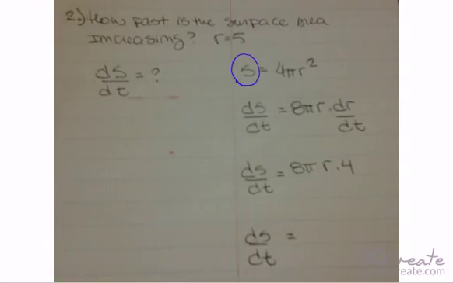What I did after that is I took the derivative of everything. From S, I took the derivative of S with respect to t. Then we know 4 pi r squared, I'm taking this 2 and doing the regular product formula for derivatives.